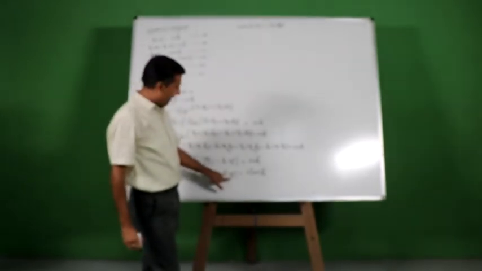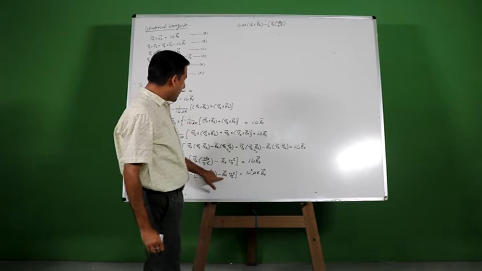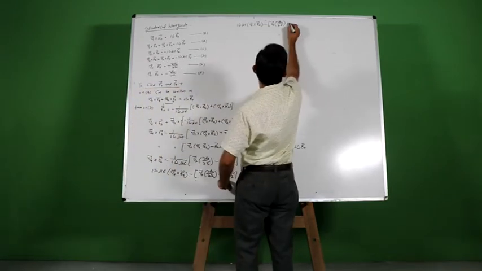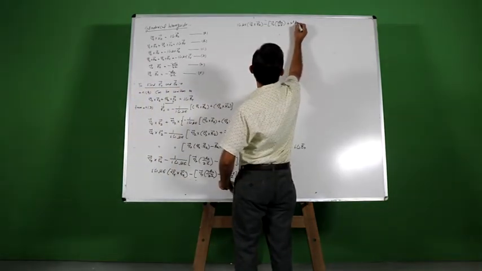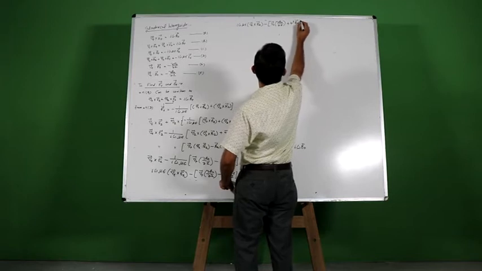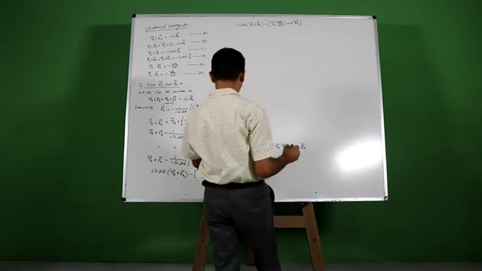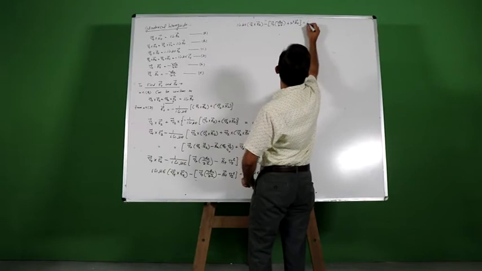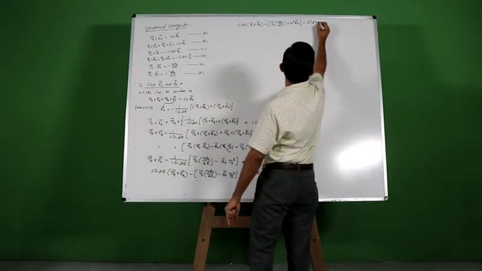It is minus k square. So this becomes plus k square bt, plus k square bt, and which is equal to omega square mu epsilon bt.